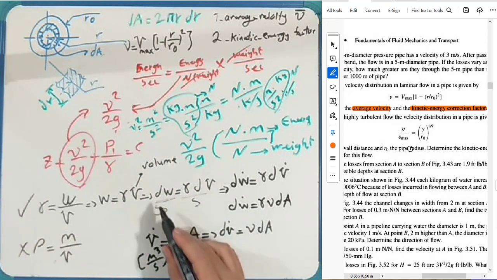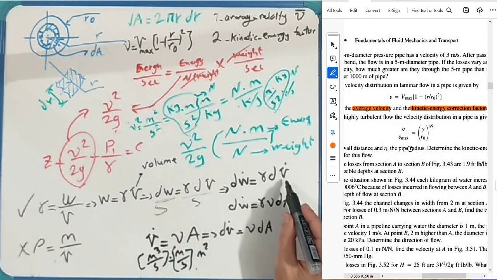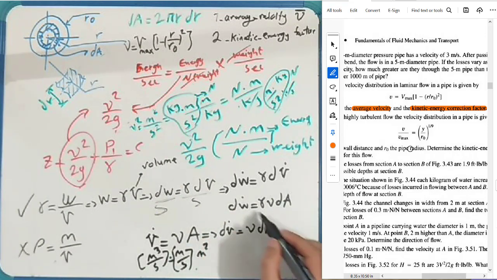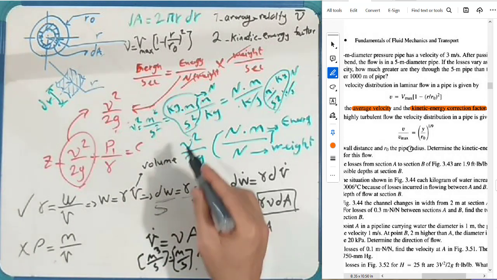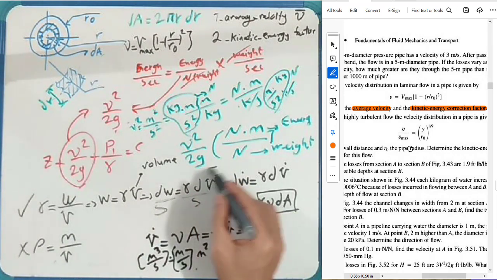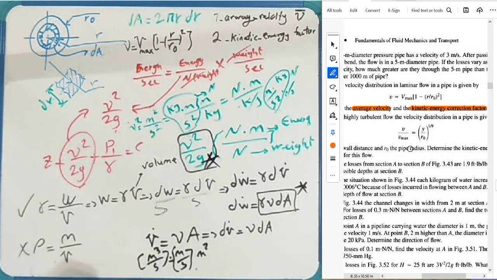This is weight per second, and equals that one. I will use it in place of that, okay? So we go to 2g and this one and this one. Let's do it. Let's use it.